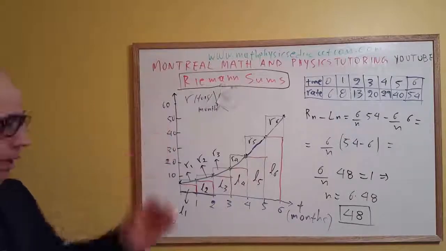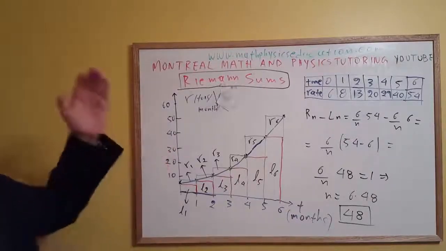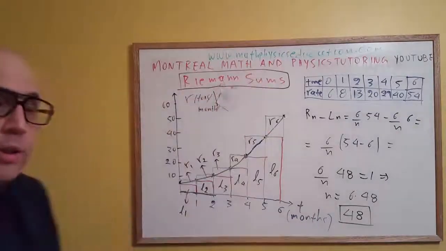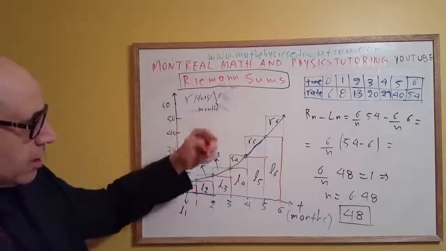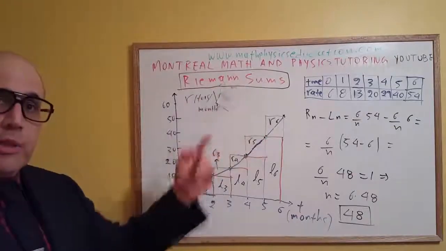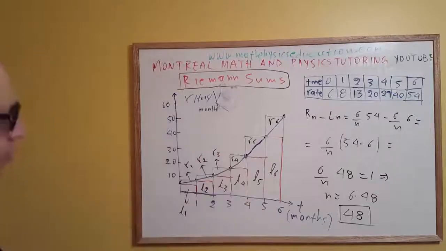We're trying to find how often we should measure the pollutants in order for the difference between the overestimate and the underestimate to be exactly 1 ton.